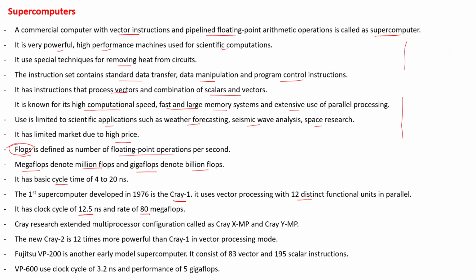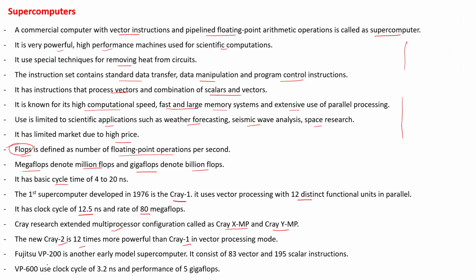Cray Research extended the multiprocessor configuration, called Cray XMP and Cray YMP, like we have different versions of processors, Intel i3, i5, i7, i9. Then the new Cray 2 became available, which is 12 times more powerful compared to Cray 1.